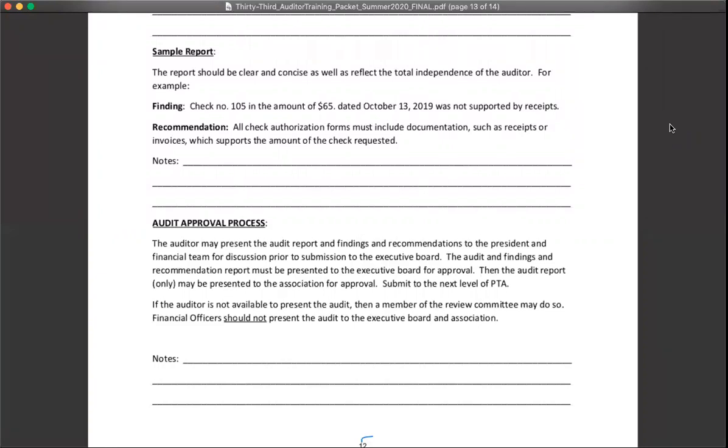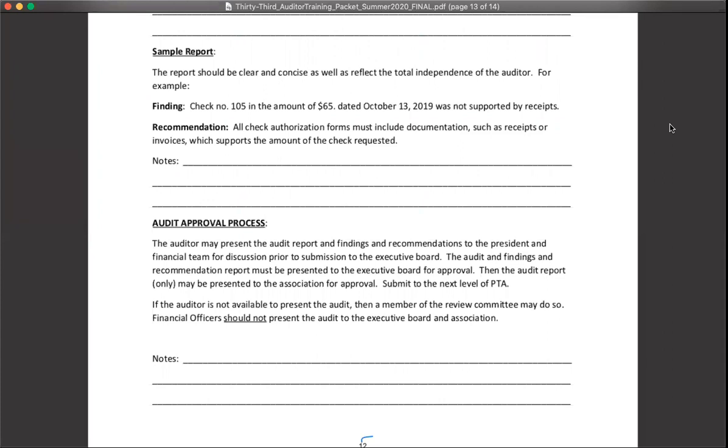And if they say, well, what about these findings? They'll say those have been addressed by the board. And then you would submit the audit report after the association approval to your council. Or if you're a council, it would be to the district. And then they would forward it to the district also.